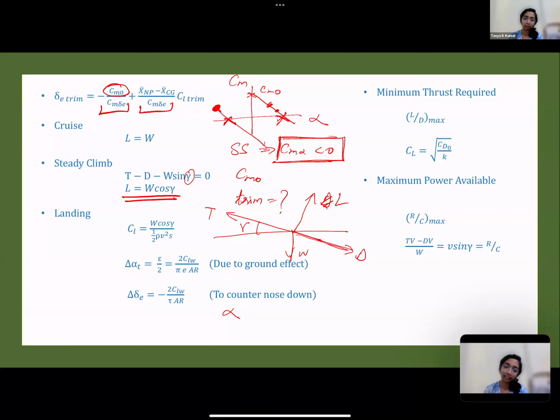Alpha wing, alpha tail, are they the same if all other parameters remain the same? So the angle of attack at the wing and the angle of attack at the tail in an aircraft, are they the same if every other parameter is the same?